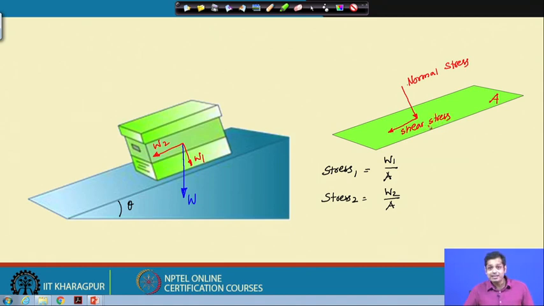So, stress is not just one quantity; in this context at least it has two components, one acting normal to the plane and one acting as shear to the plane. The definition is still the same, force per unit area, but since we have two forces on the same area, we have two stresses.